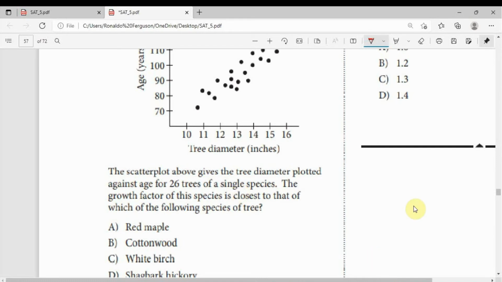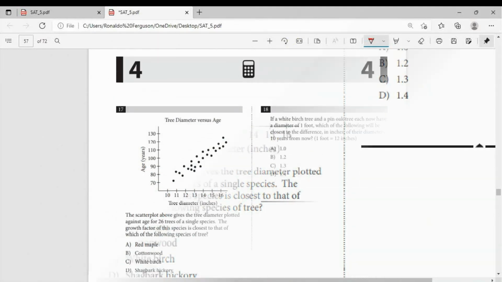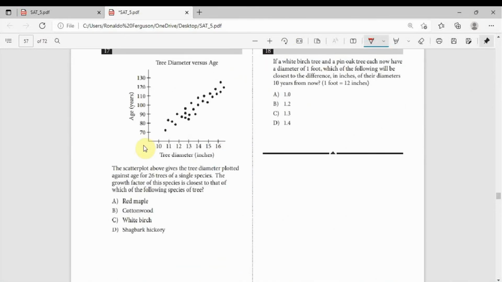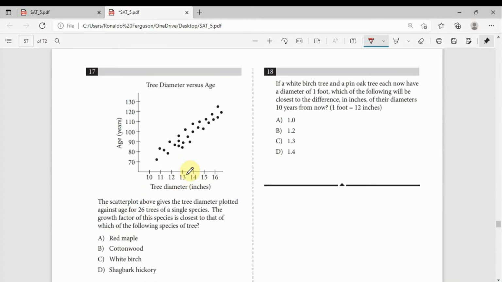Now this diagram here, it says the scatter plot above gives... Oh, all right, I think this is zoomed in a little too much. Let me zoom out. All right, this says the scatter plot above gives the tree diameter plotted against age for 26 trees of a single species. The growth factor of this species is closest to which of the following? As you can see, they give us 26 trees and we don't know which species it is because they say it's of one type.